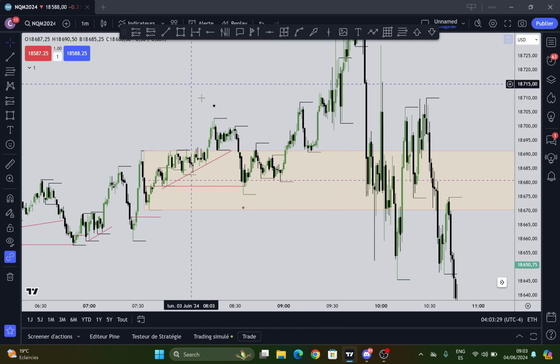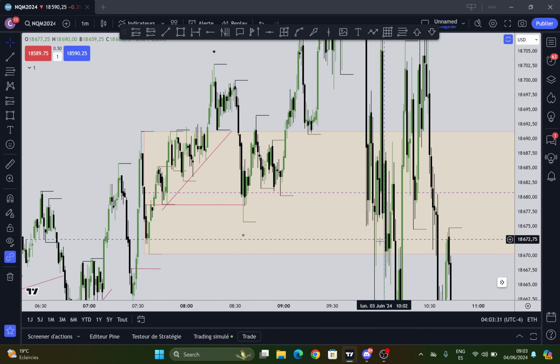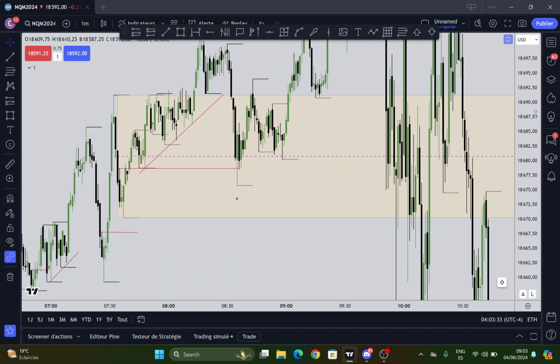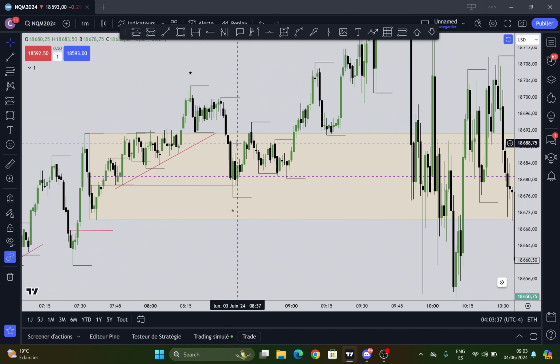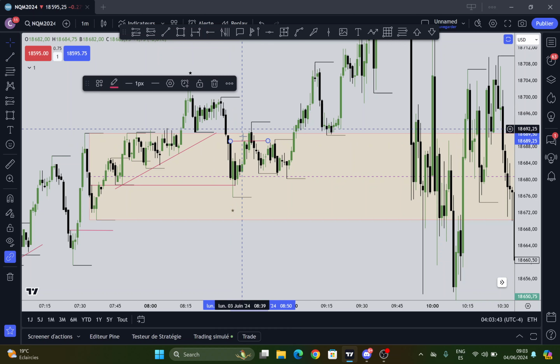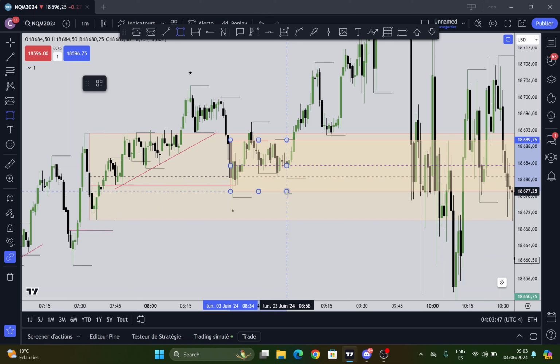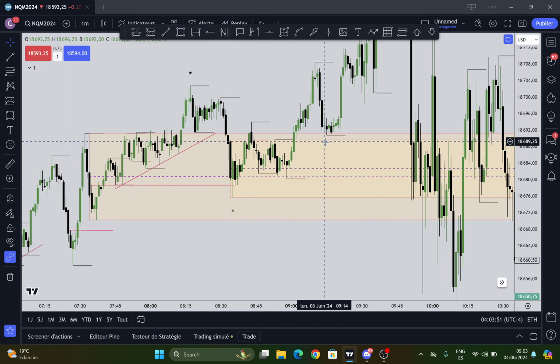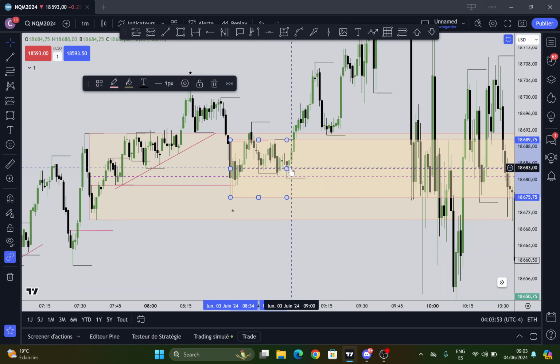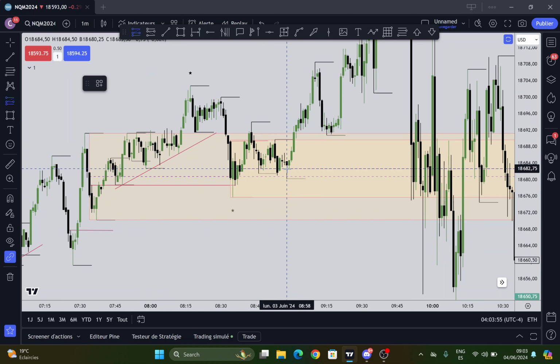Or you can look for the CSS, which happened here. So we closed here, and you can put a fib or something here, and take it from the 50% for a 1-to-1 again.